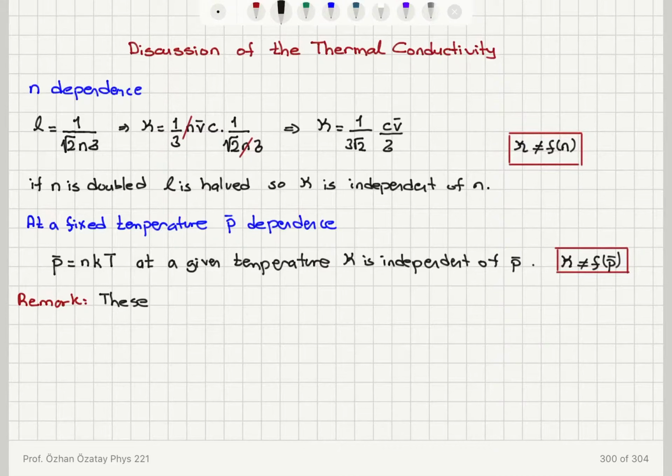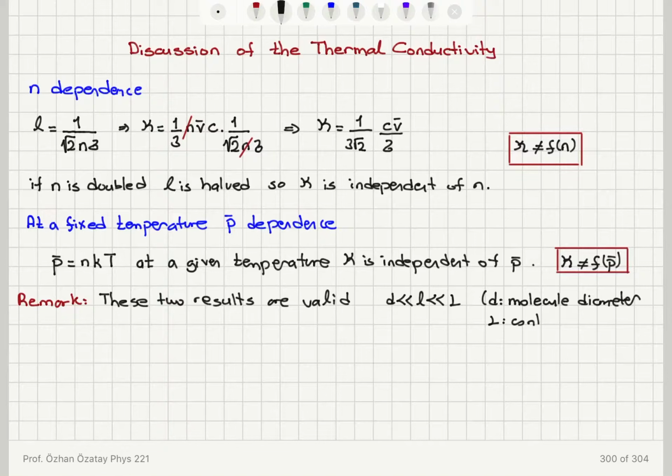These two results are valid when you have the mean free path much greater than the diameter of the molecules and much less than the container dimension L. So D is the molecule diameter, L is the container length, let's say, one dimension of the container. So this has to be the case.